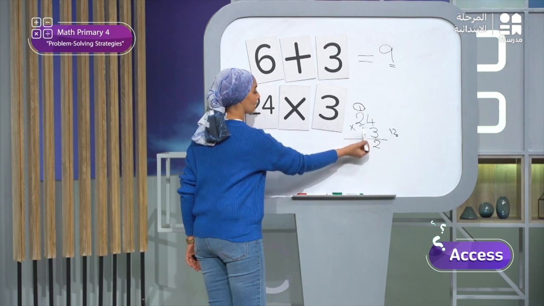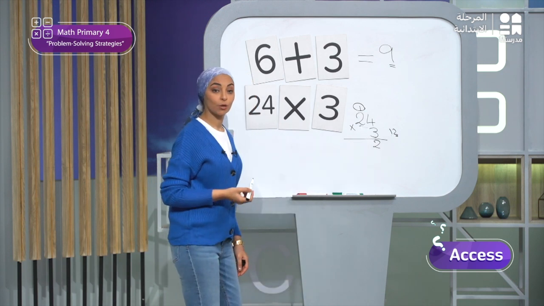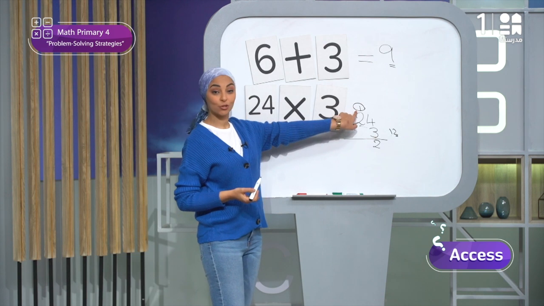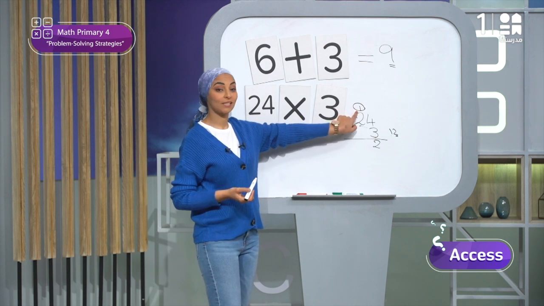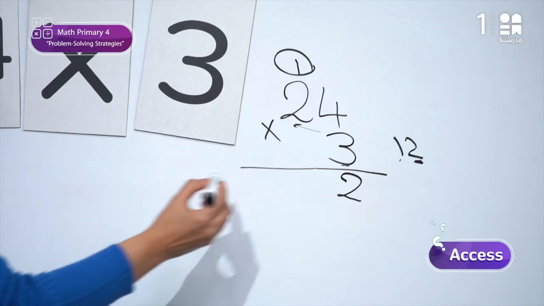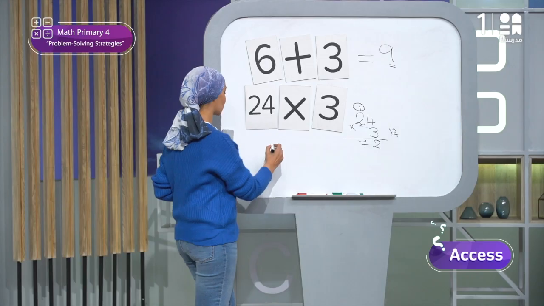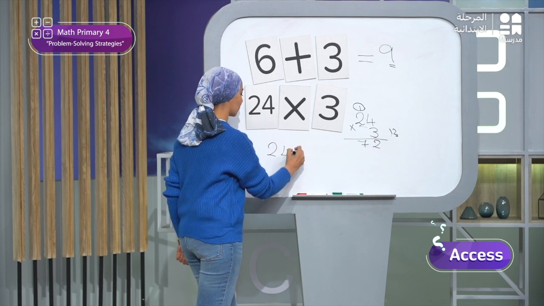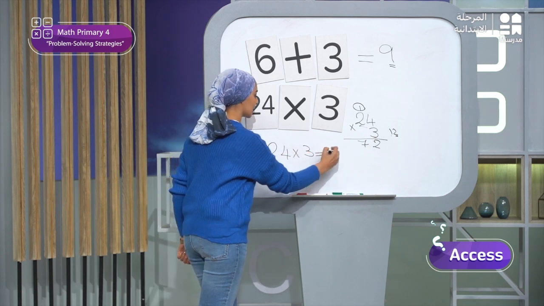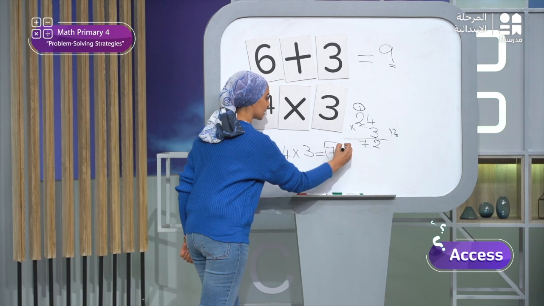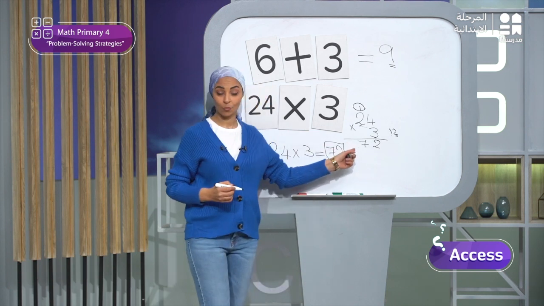So, 3 times 2 equals what? 3 times 2 equals 6. And don't forget to add the 1. So, 6 plus 1 equals 7. That means 24 times 3 equals 72. And this is the standard algorithm way.